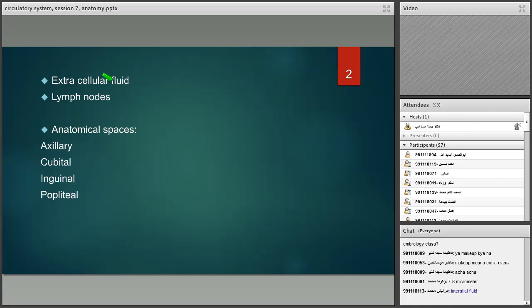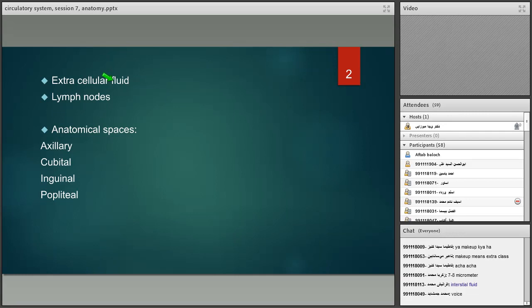So, when the plasma and the materials are exiting the capillaries in the tissues, they have to return back into the veins.